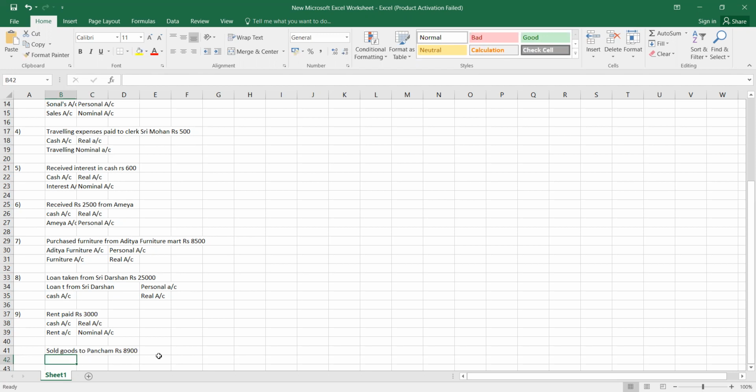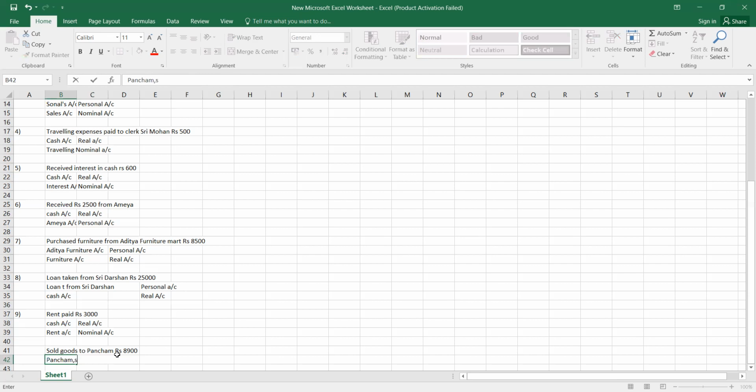Okay, so sold goods to Pancham, rupees 8,900. So here you have two accounts, sales account and Pancham's account.